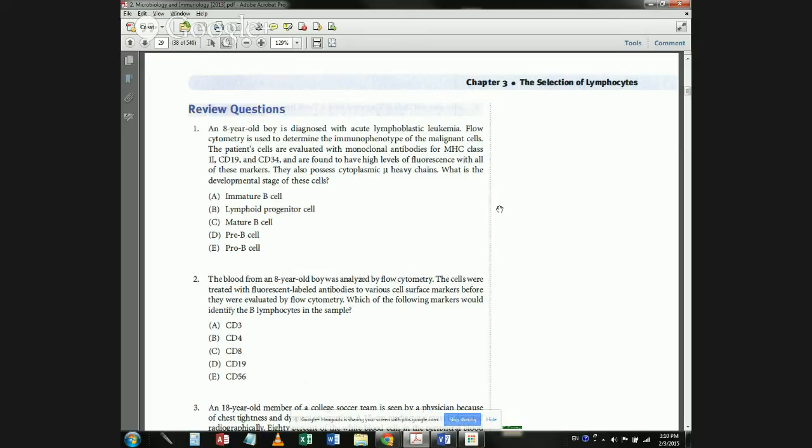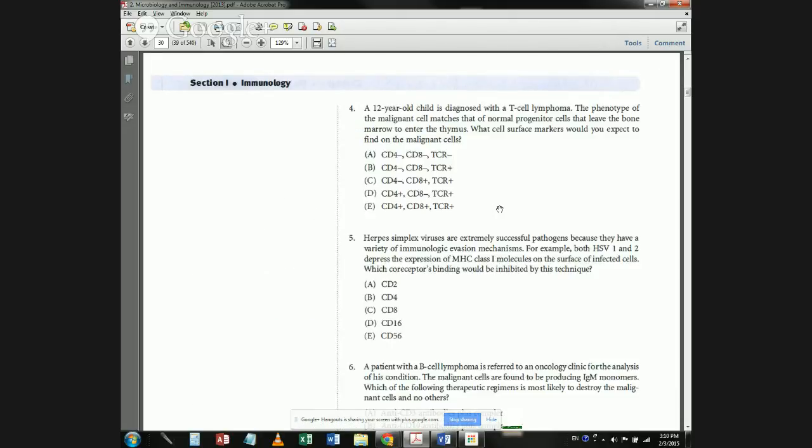So what are all the markers on a B cell, basically, is what it's asking. Let's see the options. CD3 is specific to T cells. CD4, T cells. CD8, T cells. CD56, I think that's macrophages. But CD19, definitely B cells. Do you need to read through it? Fine, we'll read through it.